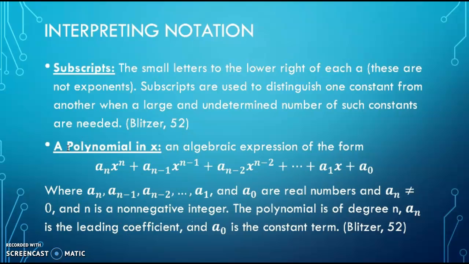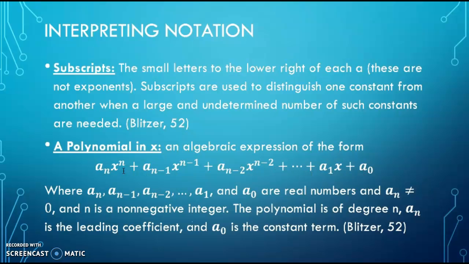So a polynomial, we define it like this, where we have a coefficient on each of our terms. This a sub n is a coefficient on the x to the n term, the a sub n minus 1. That just means that it's the very next term in the sequence all the way down to a sub 0. This is our constant term.